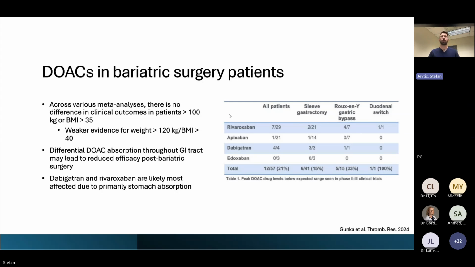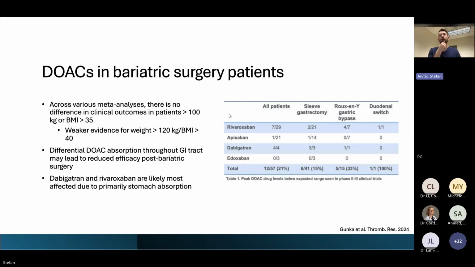The evidence for over 120 kilograms or BMI over 40 is less, so it is a bit weaker. But ISTH and guidelines still recommend considering a DOAC in these patients because we don't have a signal that they have a worsened risk of recurrent VTE or bleeding. So the guidance is still to consider a DOAC.